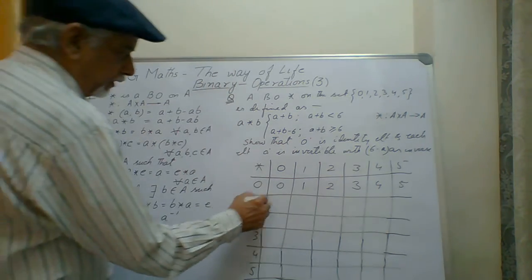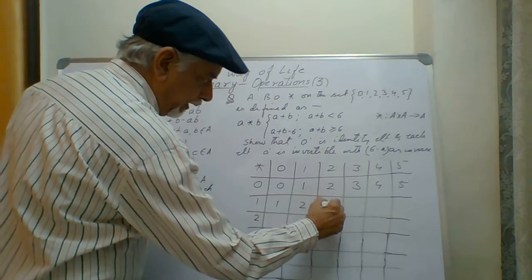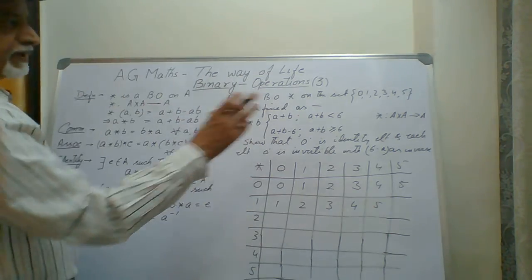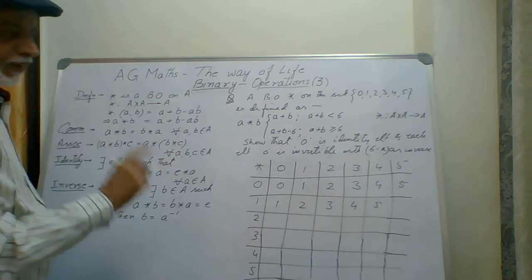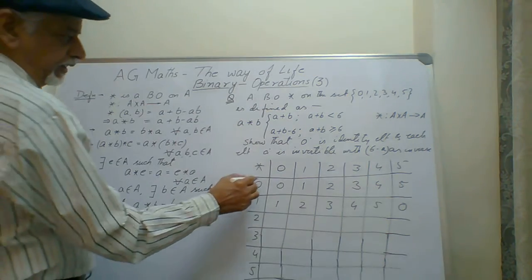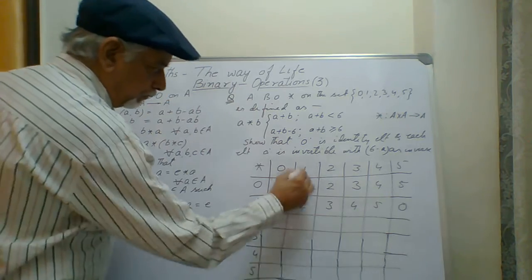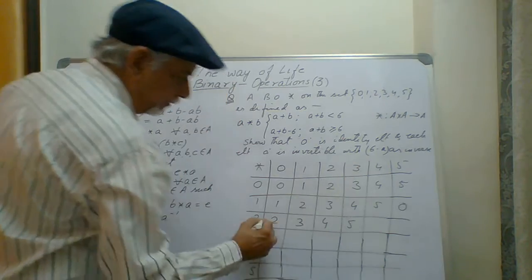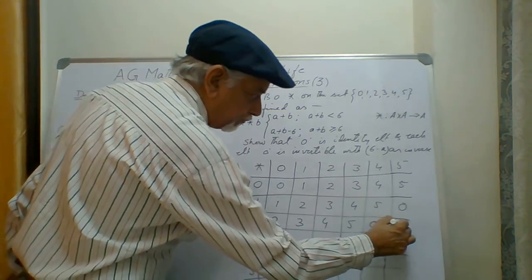Now when I take 1, 1 plus 0 is 1, 1 plus 1 is 2, 1 plus 2 is 3, 1 plus 3 is 4, 1 plus 4 is 5, and 1 plus 5 is 6. As soon as it becomes 6, what we have to do is A plus B minus 6, which is 0. Similarly, when I take 2: 2 plus 0 is 2, 2 plus 1 is 3, then 4, then 5, then 2 plus 4 is 6, so we write 0, and then 2 plus 5 is 7, and 7 minus 6 is 1.